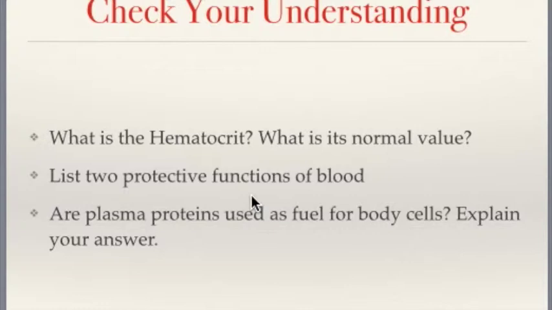All right, again, last one. Are plasma proteins used as fuel for body cells? Well, we only really talked about albumin, but I'll tell you guys as a general rule, protein in blood is not a fuel source. Cells need ATP to function or to undergo metabolism to carry out all their different protein productions and mitosis and things like that.